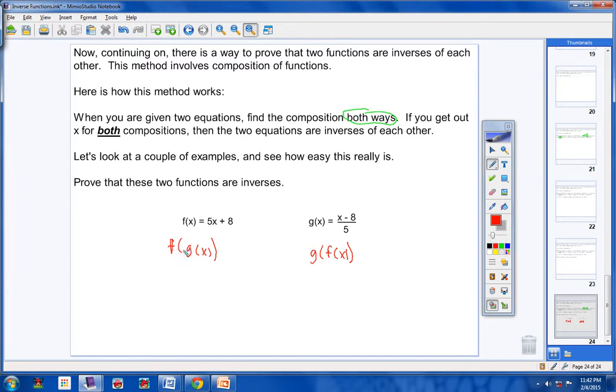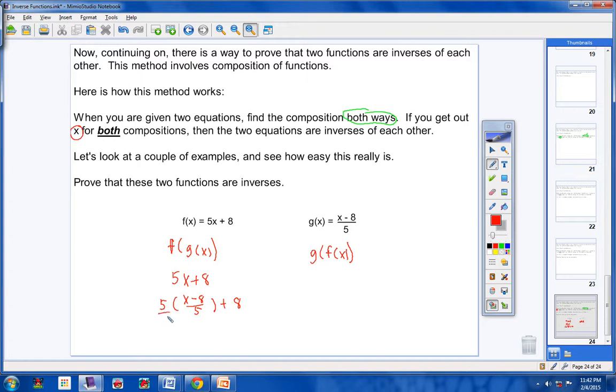Okay, alright, f is my outside function, so I'm going to write 5x plus 8. Then where the x is, I'm going to put a really big parentheses. Now, my next function is g, so I pick up g and I put it in here. Okay, now let's simplify and see if we get x, okay?